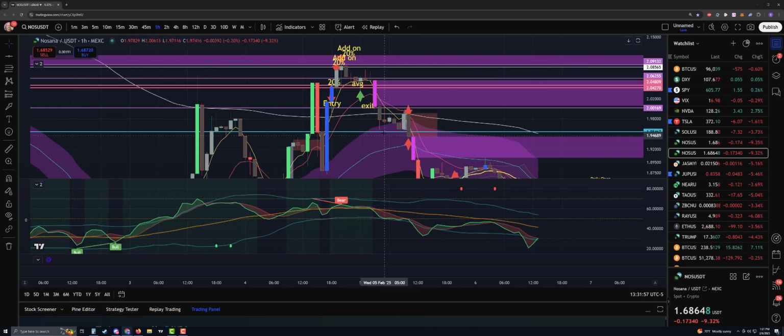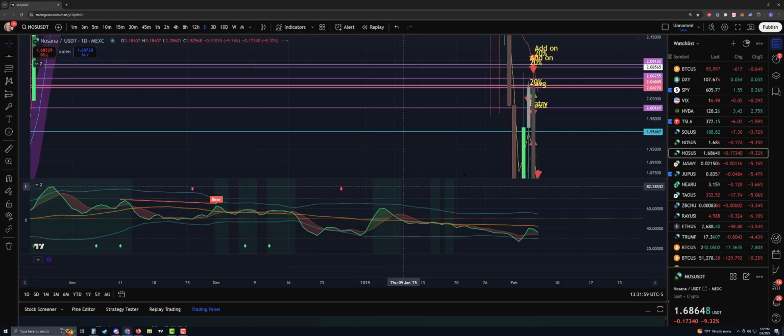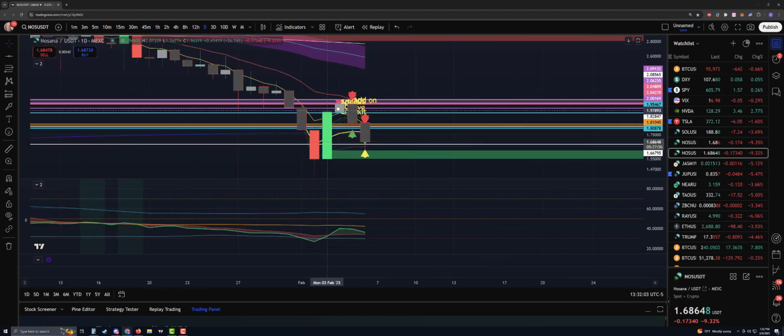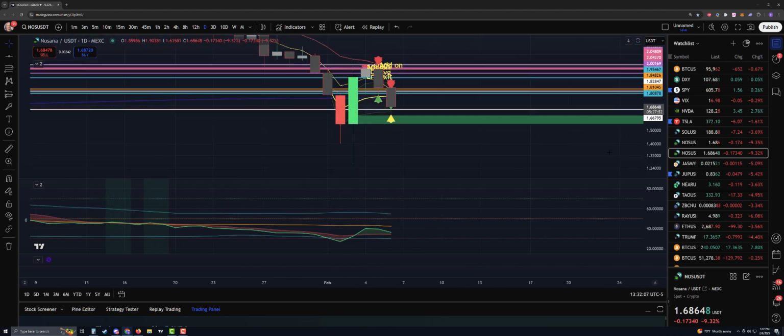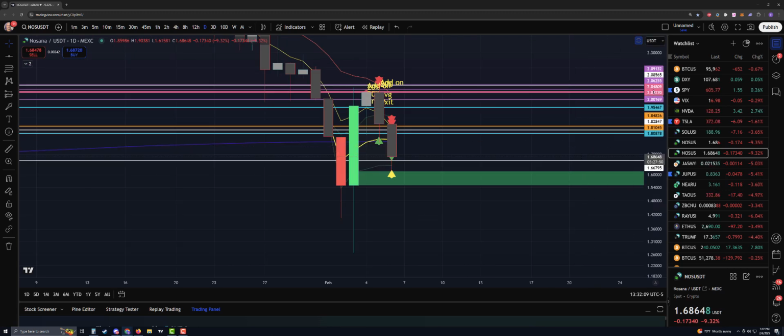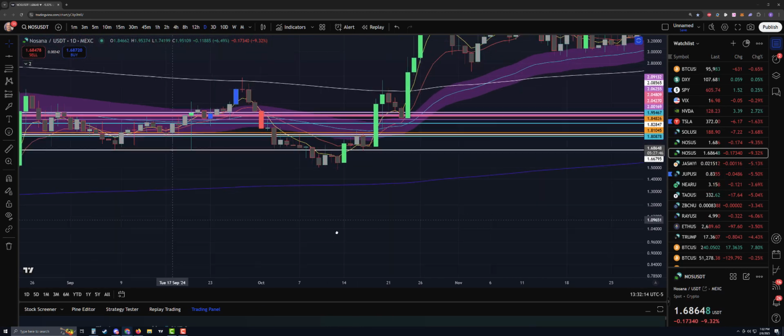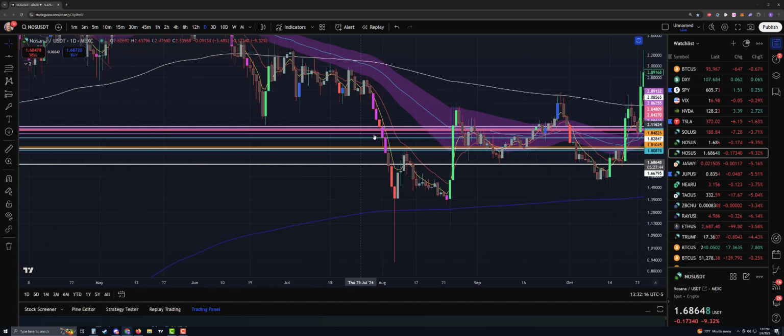So the next day, because on the daily time frame, Nosana had peaked out here and was starting to go back down, I'm anticipating it to go down a little bit further, like back here when Nosana had this huge drop.